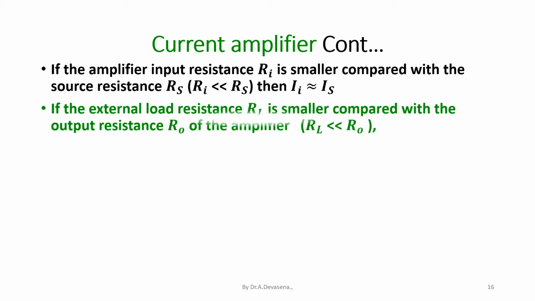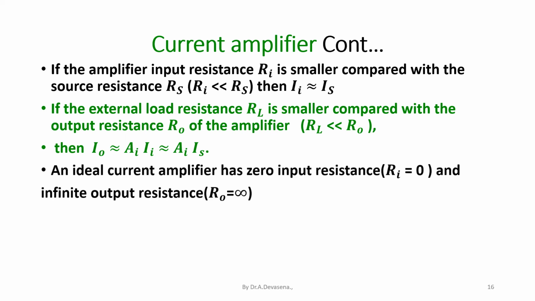If the external load resistance RL is smaller compared with the output resistance R0 of the amplifier, that is, RL is very small when compared to R0, then I0 is approximately equal to AI into Ii, that is approximately AI into Is.